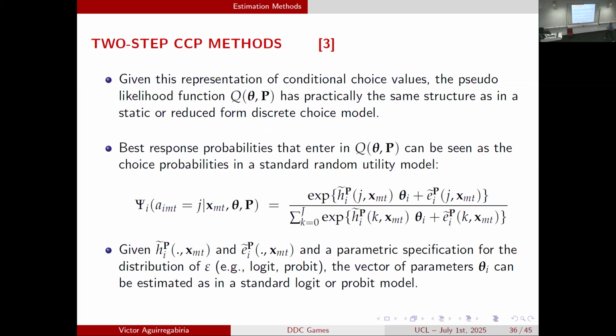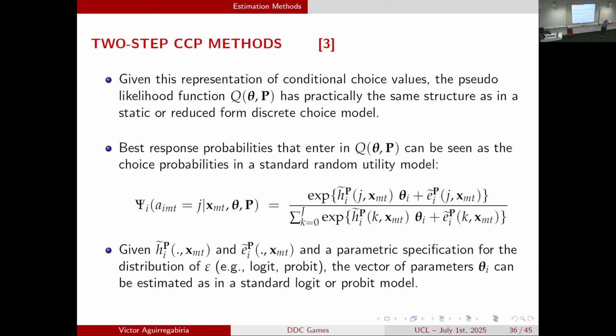Once we have estimated our model, once we know theta, and given the non-parametric piece, our model has a prediction about the choice probability of player i of taking this action in this state. That will be the prediction of our model, which in general will be different from the non-parametric choice probabilities that we have input to construct these present values. Then what we are saying is that the predictions of the model should be the same as the choice probabilities that we have input.